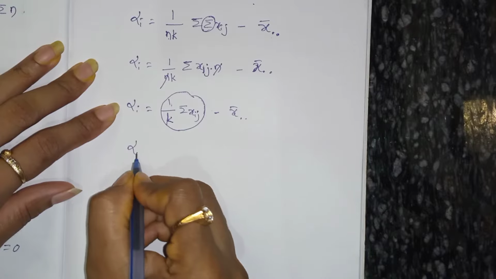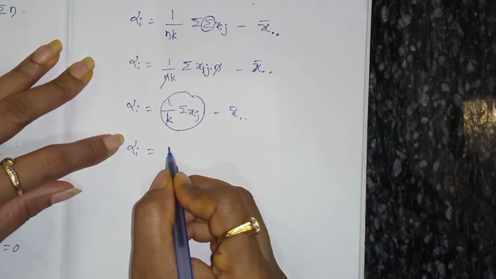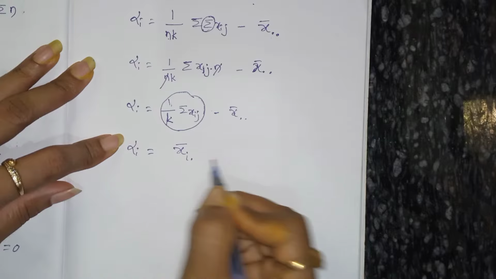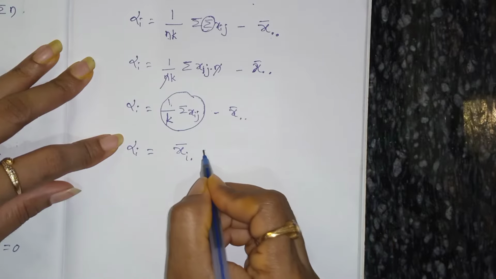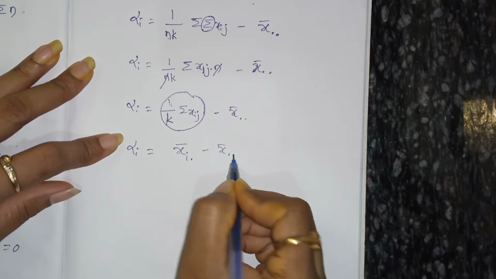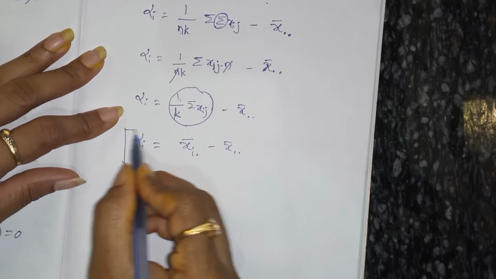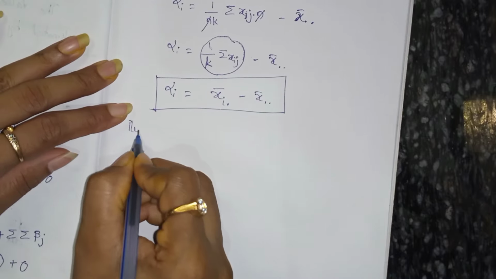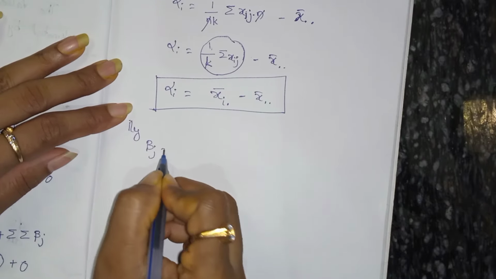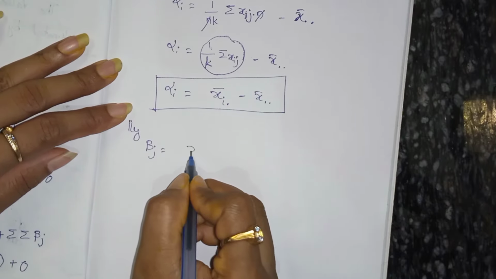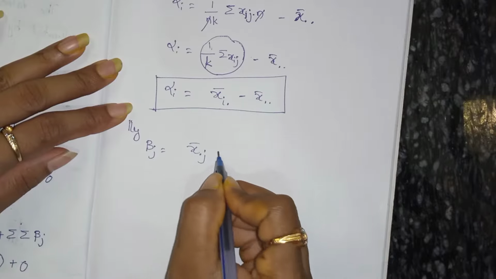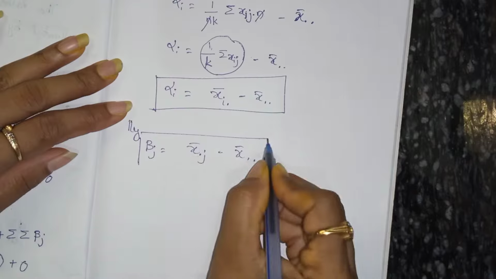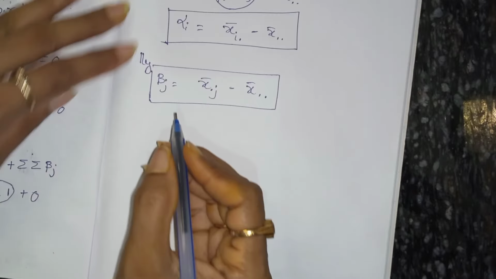Nothing but we can write alpha i equals x bar i dot minus x bar double dot. This is a formula, so this is the value of alpha i. Similarly, you can write beta j equals x bar dot j minus x bar double dot.